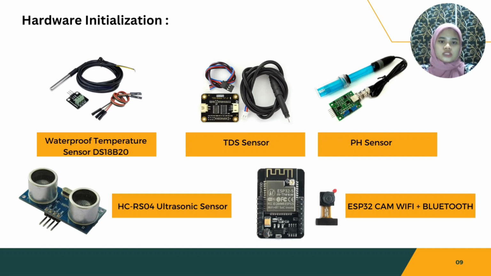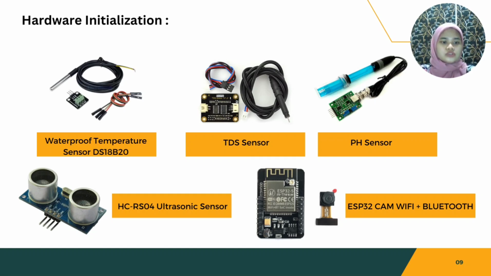Second, we use the TDS sensor. The TDS sensor is used to indicate the total dissolved solids in a solution, usually water. Third, we use the pH sensor, which helps to measure the acidity or alkalinity of the water.